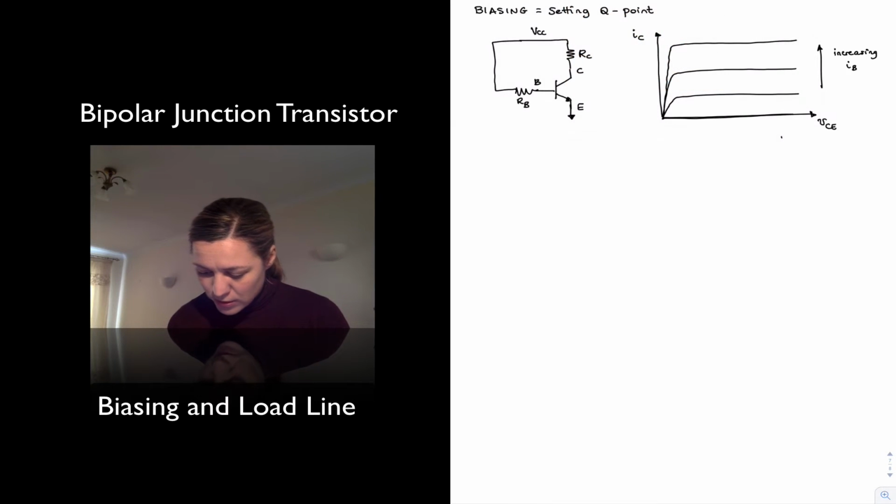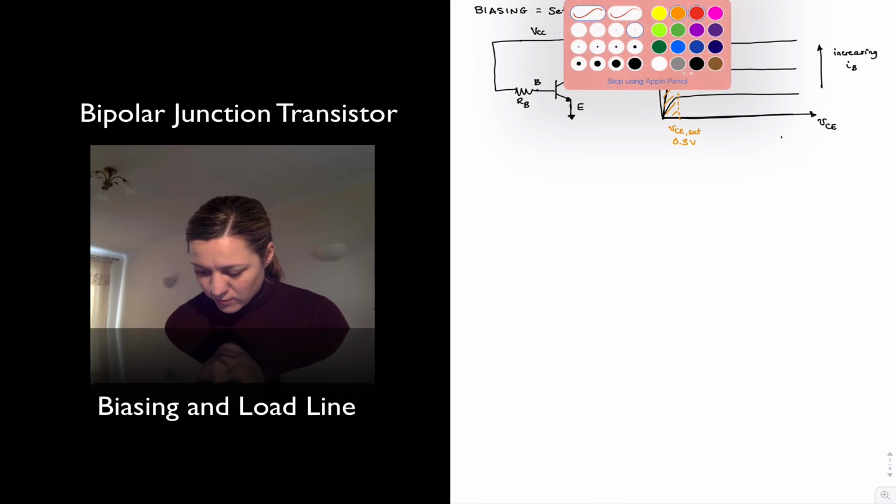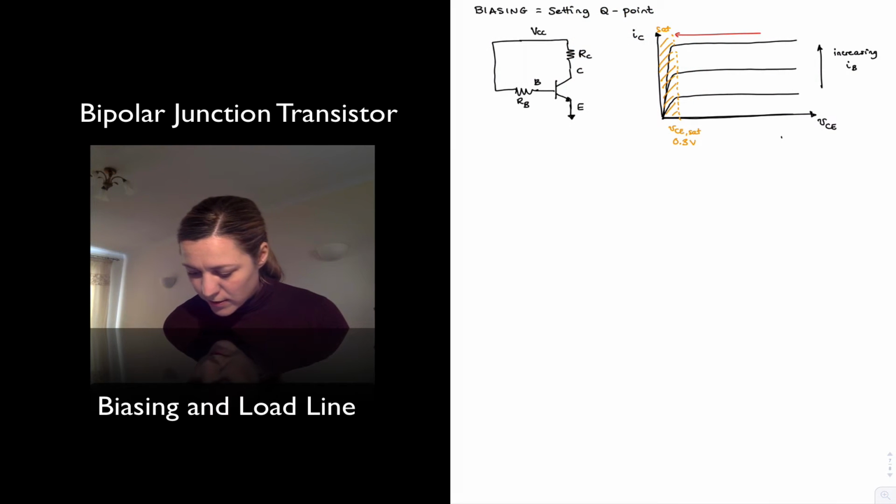And for each one of those lines, we have that if our VCE voltage is less than the VCE saturation, which is around 0.3 volts, then we're in the saturation region. If it's greater than that, we're in the linear or active region.